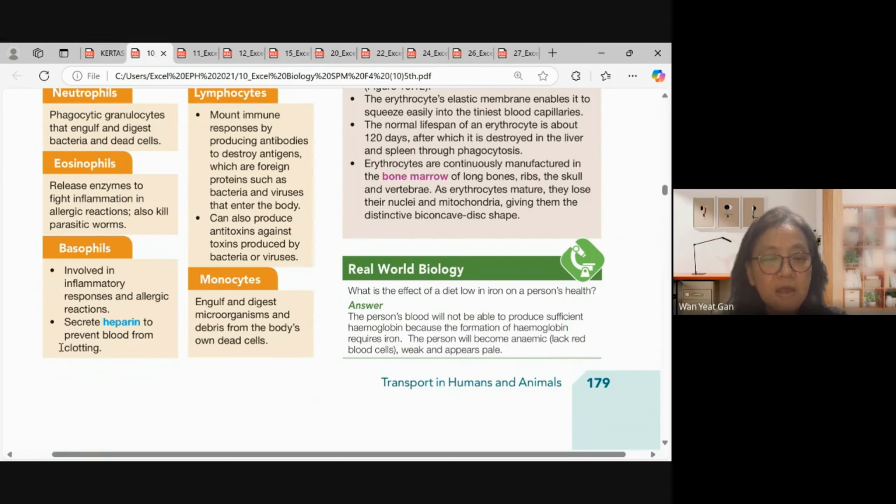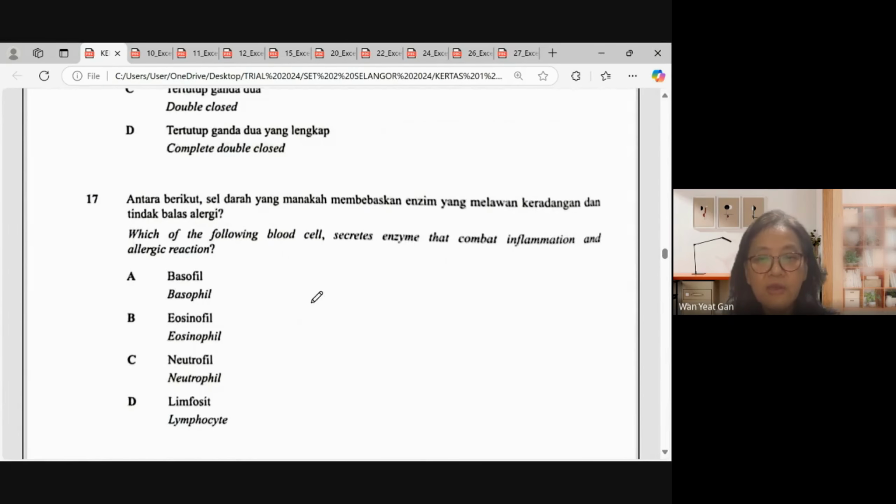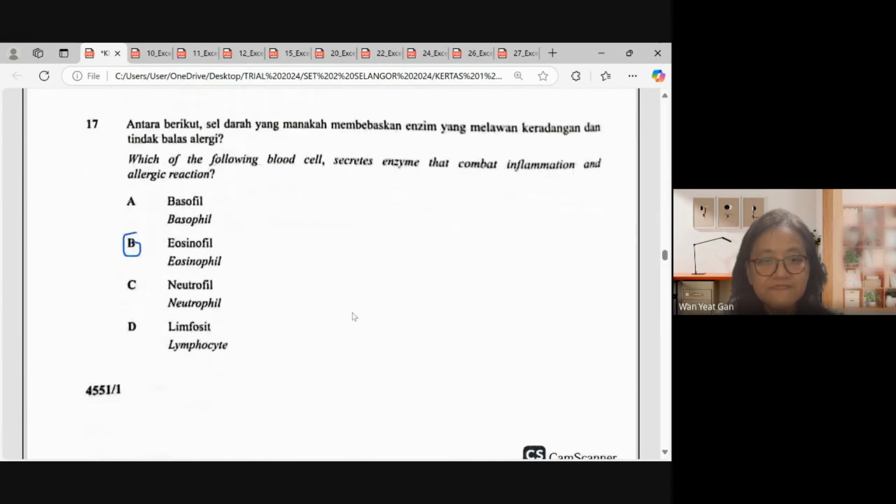Basophil is involved in secreting heparin to prevent blood from clotting, and lymphocyte is involved in producing antibody. So the answer is B. 17 is B.